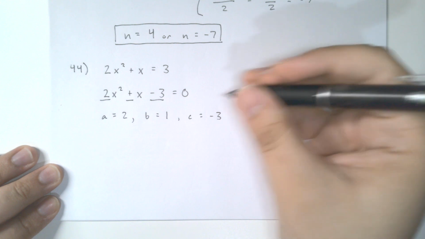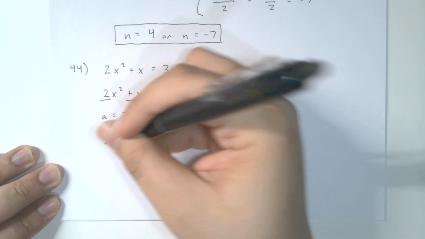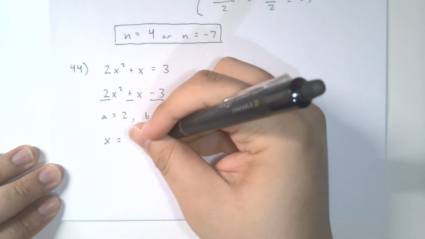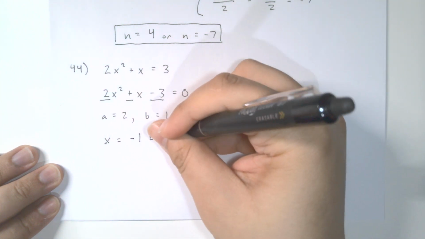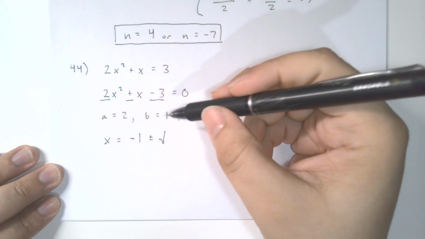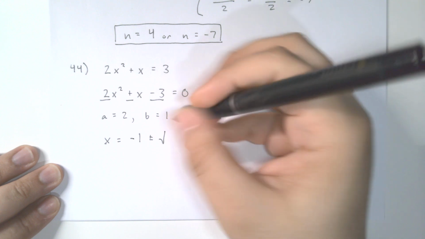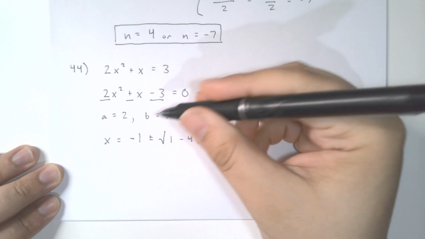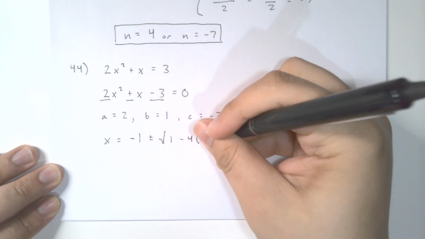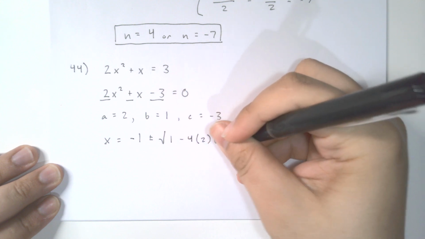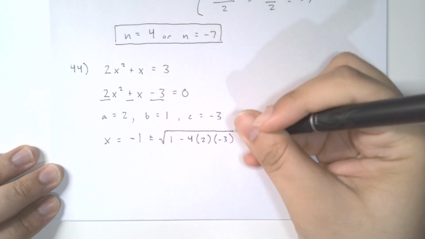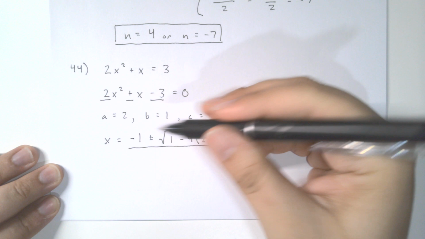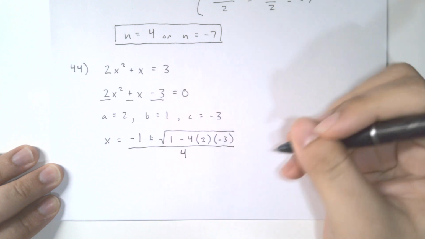Plugging into our quadratic formula, we have x is equal to negative b, so negative 1, plus or minus the square root of b squared, so 1 squared is still 1, minus 4 times a, which is 2, times c, which is negative 3, all over 2a, so 2 times 2 is 4.